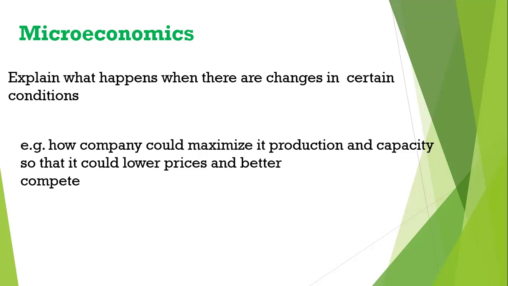How could a company maximize its production and capacity so that it could lower prices and better compete? Those are some of them, like maximizing production. How will they get the labor? How much will it cost them to pay those workers so they can produce that good? How much are they going to sell those goods for? Those are the things that microeconomics handles.